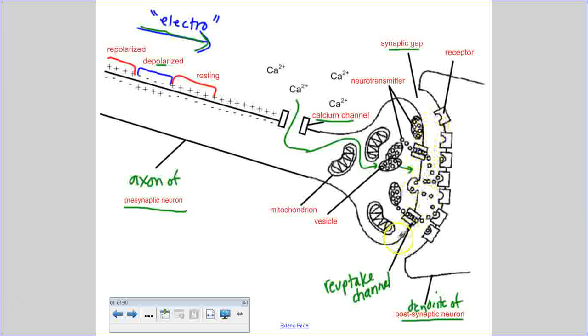The movement of the neurotransmitters between the neurons, that is the chemical part of the message. So I'm going to write chemical. Let's see.